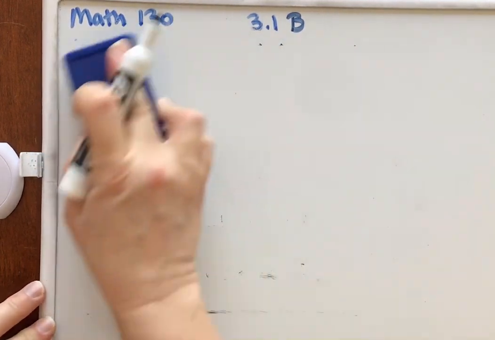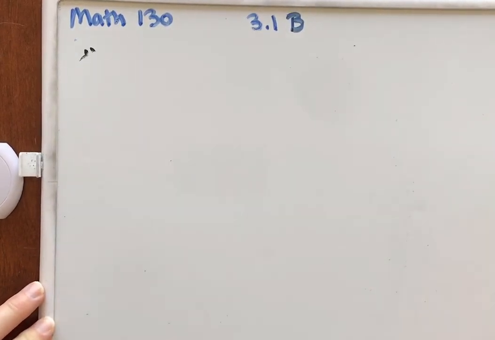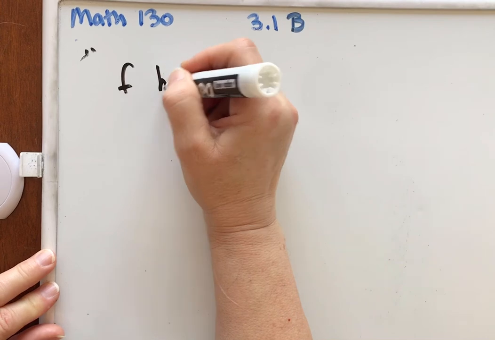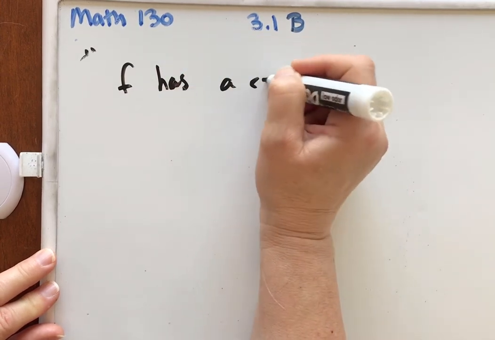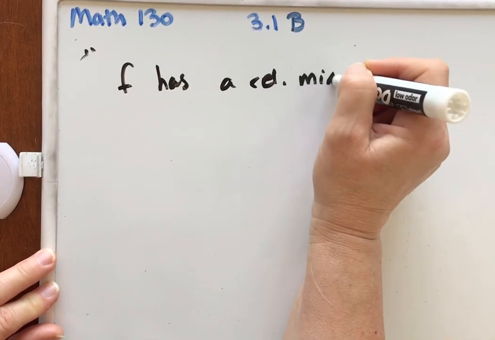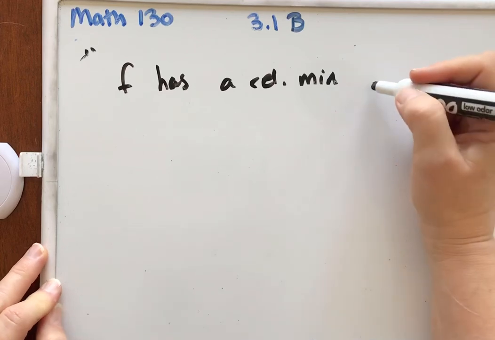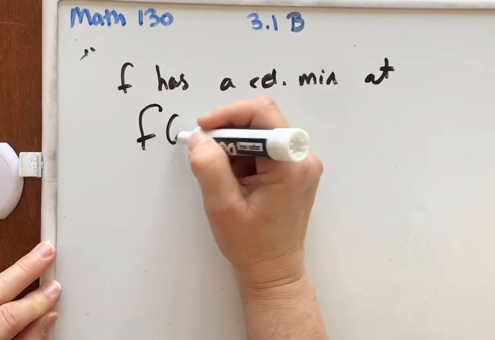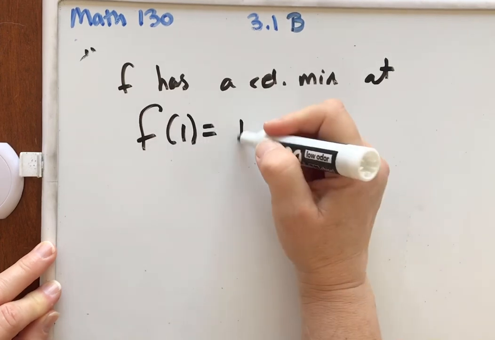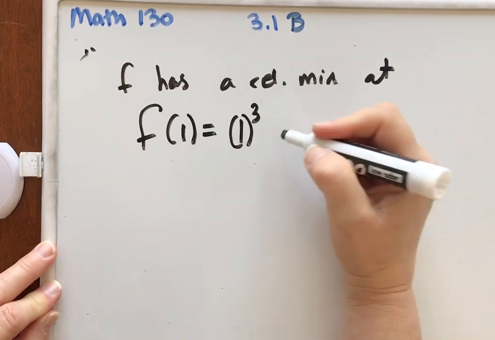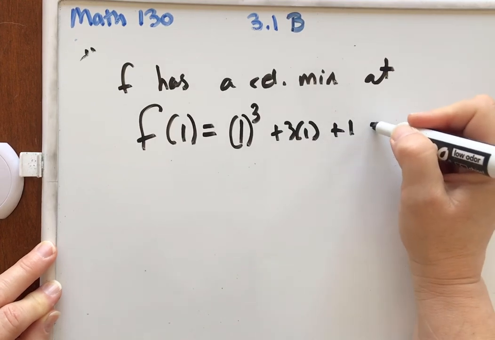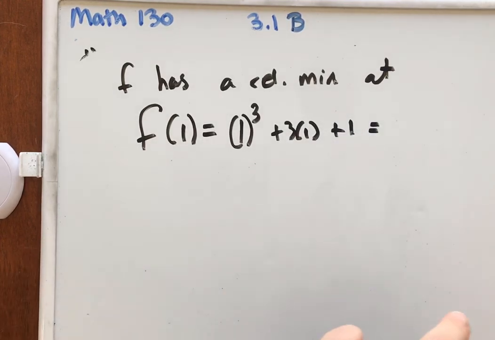Okay. So now do the same thing for the relative min. F has a relative min at, so now we have to put a 1 into our equation. Oops, what was our equation?